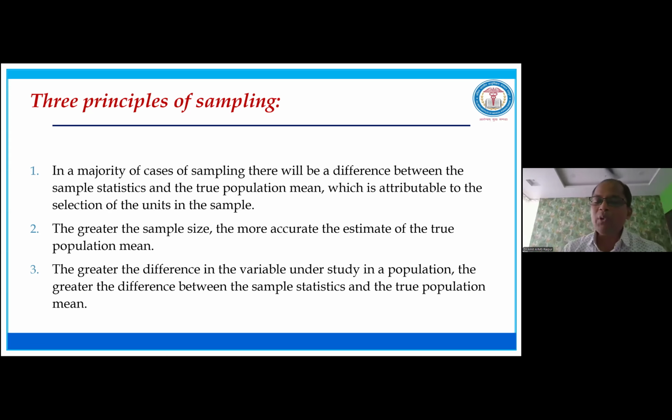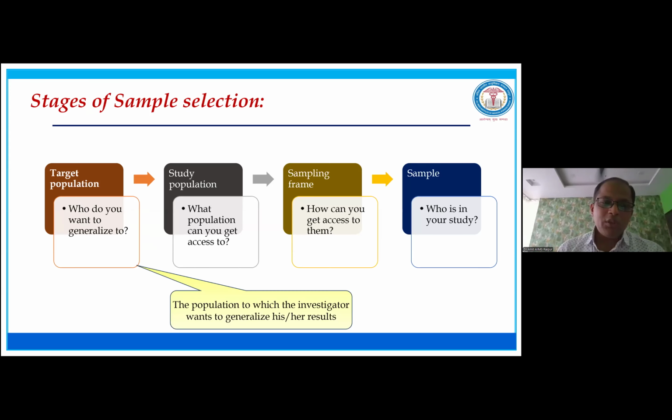Okay, so we have to keep these three principles in our mind while planning for sampling in our research. So target population is also known as the reference population. The target or reference population is the population to which the investigator or the researcher wants to generalize his or her study findings.